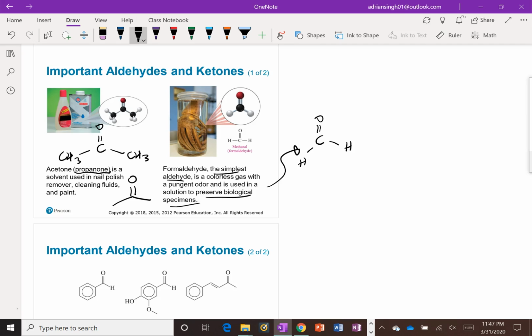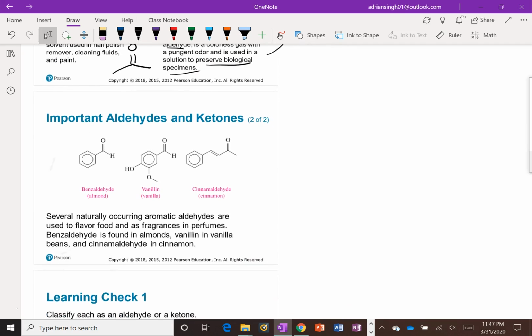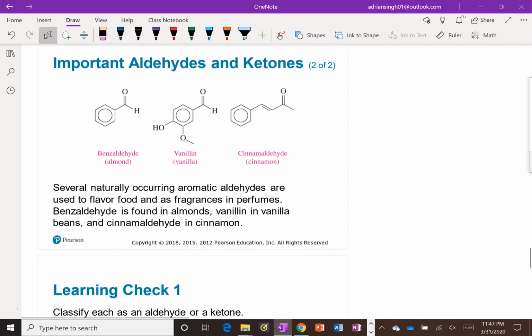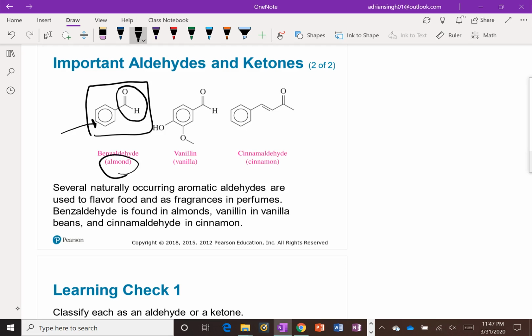That looks like that. A couple other ones that you may have used or come across that you may not necessarily have thought about. Benzaldehyde, which simply has an aldehyde connected to a benzene ring. Right, that's the common name for that substance. That's the flavoring agent that you find in almond. Vanillin, we actually saw this in the previous section, has the aldehyde group attached to phenol.